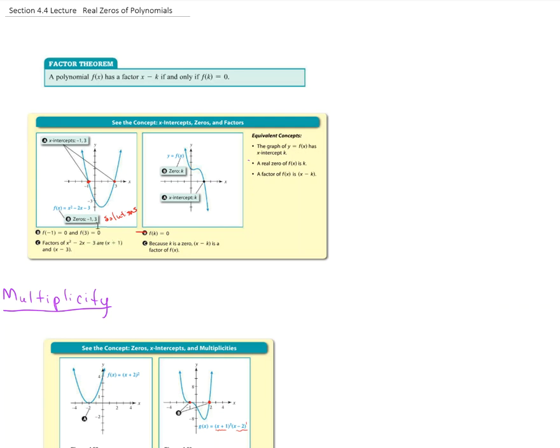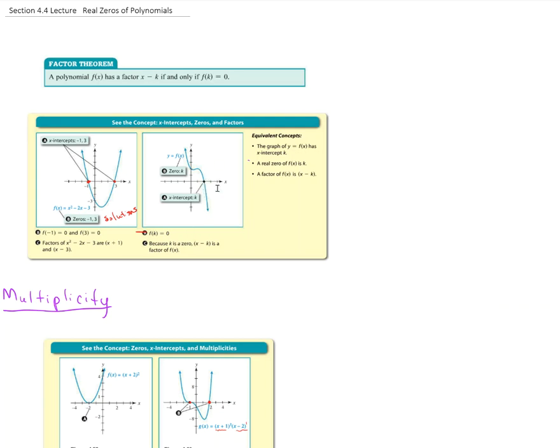This would be x minus 3. So the zeros or the solutions are these. The factors of the thing are x plus 1 and x minus 3. If you did f of -1 and you did f of 3, you would get 0. So that proves that.